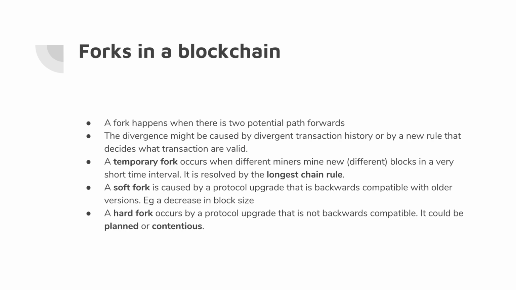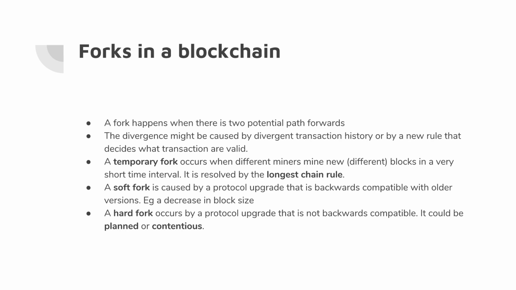If 1 MB is the current block size and then a newer protocol says 500 kilobytes is the updated block size, then this change is backward compatible, so that every block that is valid as per the new system is valid as per the old system as well. The nodes which were running the older software need not upgrade just to run the client, but if they have to create new blocks, then they'll have to be updated to the newer protocol.